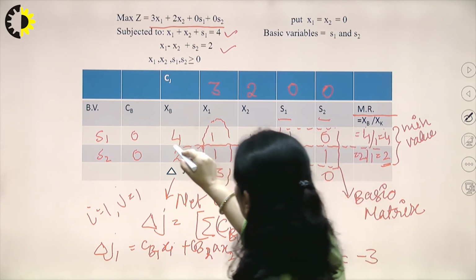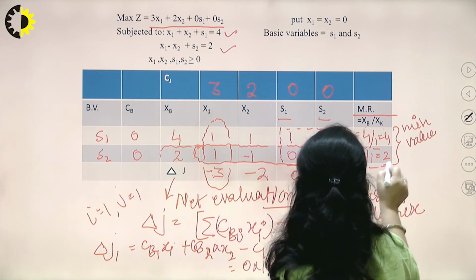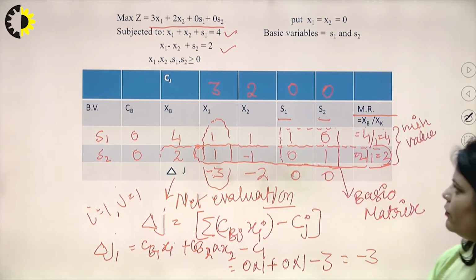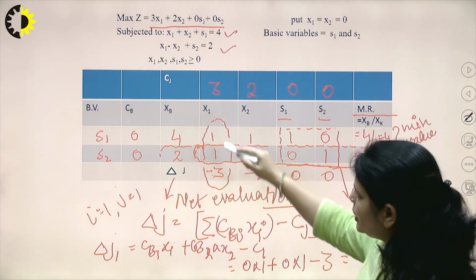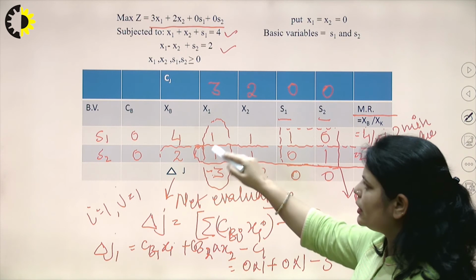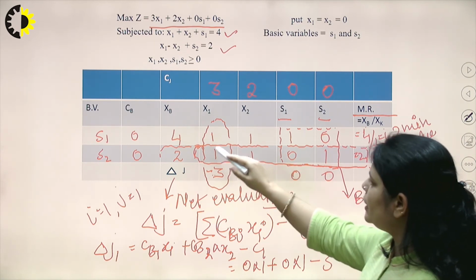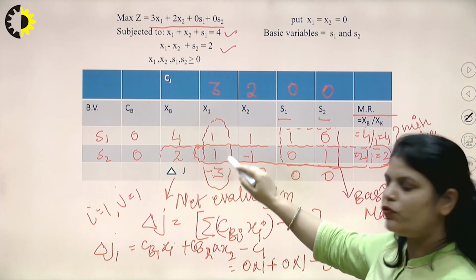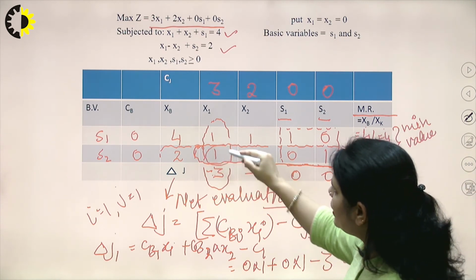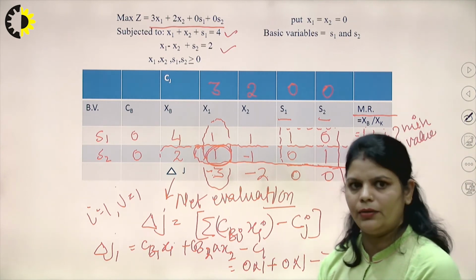So this will become the key row, and we can see that this is the key column, this is the key row, and this is the intersecting element. The intersecting element of key row and key column is 1 here, and this intersecting element is known as the key element.